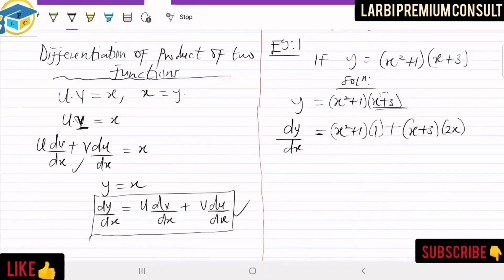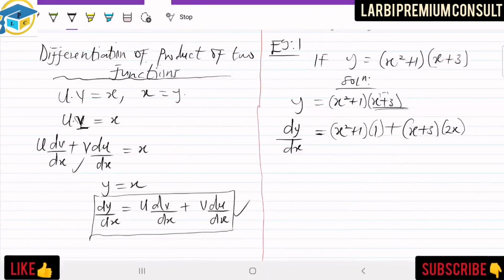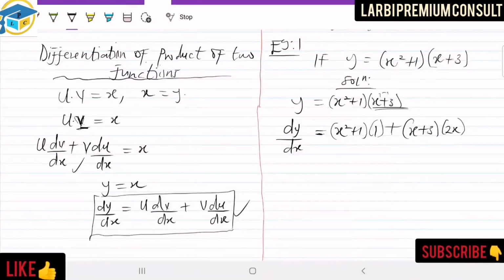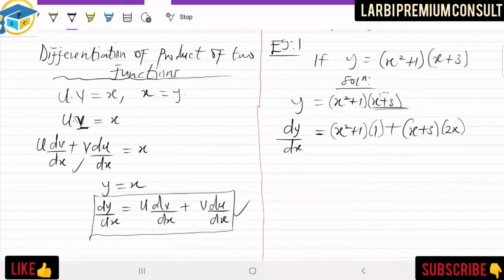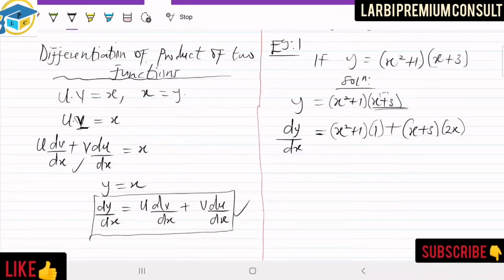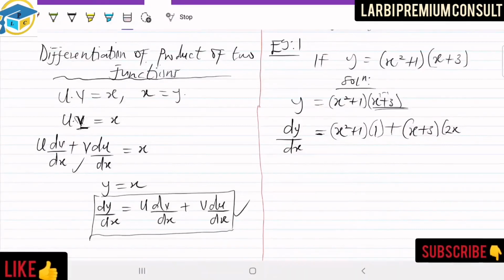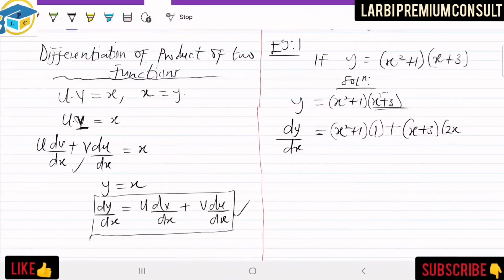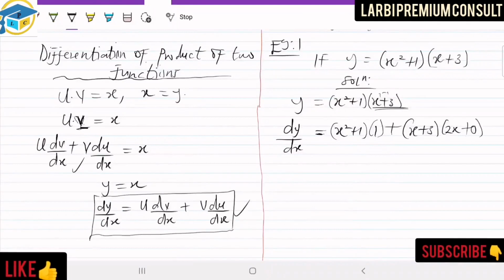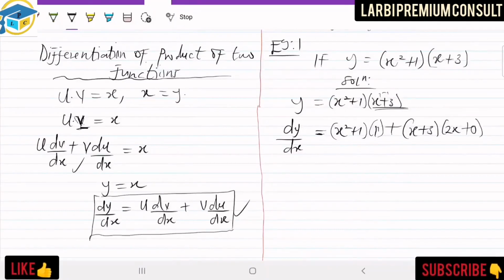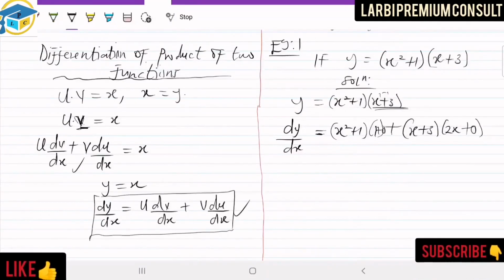Remember, all I'm doing is multiplication, right? Good. And then when I differentiate the constant, I'm going to get 0. Let me do this so that you appreciate it better. Plus 0. Likewise, here we have said plus 0. I hope that's clear.